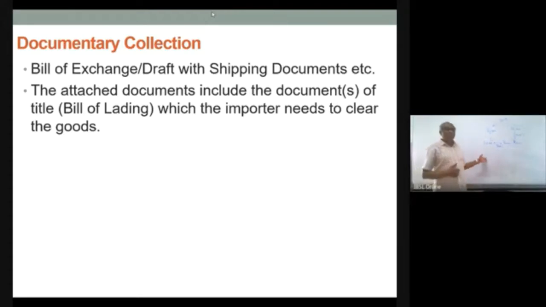Documentary collection means bill of exchange or draft, that is a financial document, with shipping documents and commercial documents. Everything will be here. What I have mentioned as docs is documentary collection, including bill of lading, which the importer needs to clear the goods.